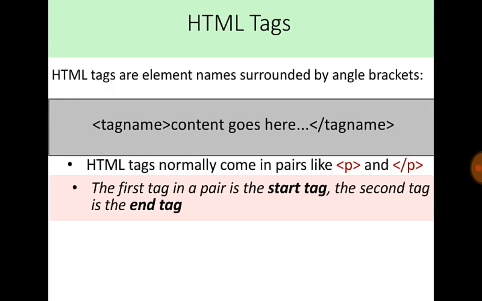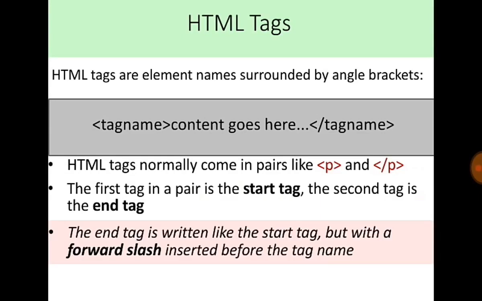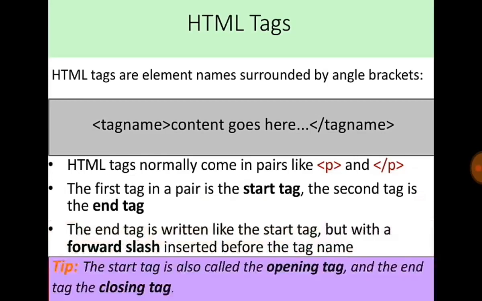The first tag in a pair is the start tag, and the second tag is the end tag. The end tag is written like the start tag, but with a forward slash inserted before the tag name. Tip: the start tag is also called the opening tag, and the end tag the closing tag.